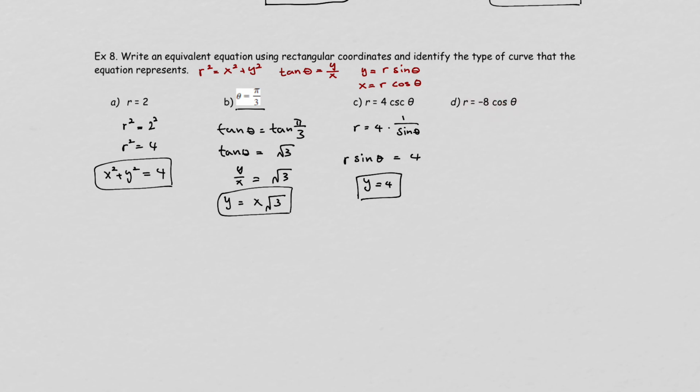If you do that, you get r squared equals negative 8r cosine theta. So r cosine theta, we should be able to convert that into x. And we know at the same time r squared, let me just erase that for a second, will become x squared plus y squared.